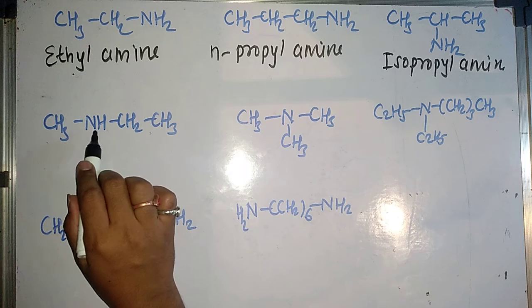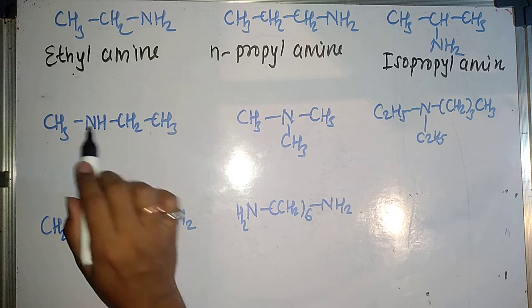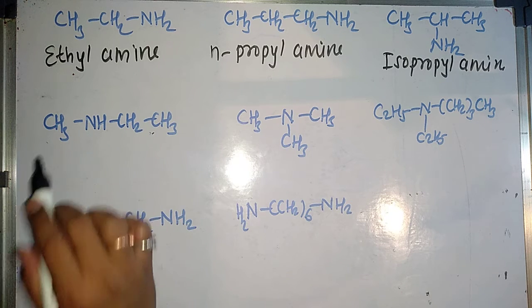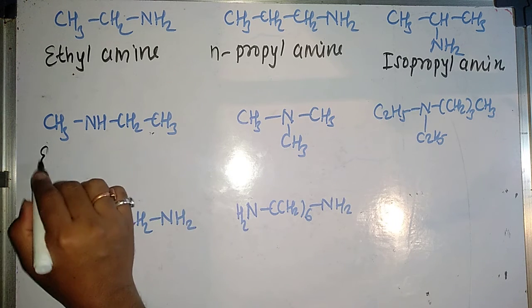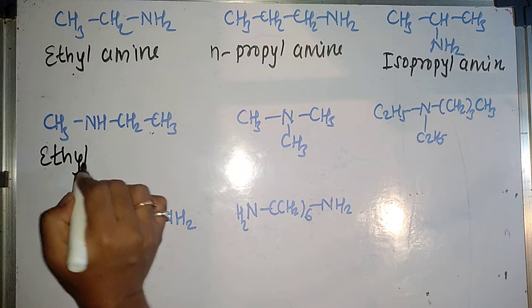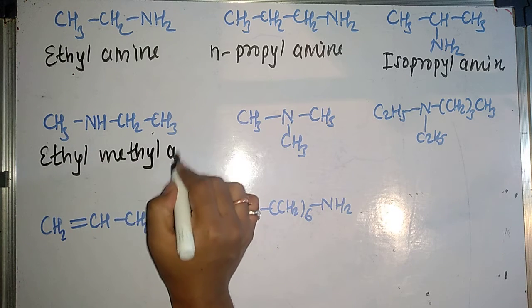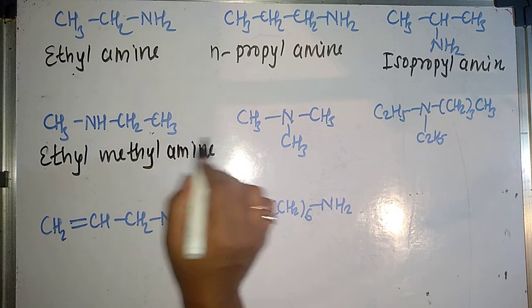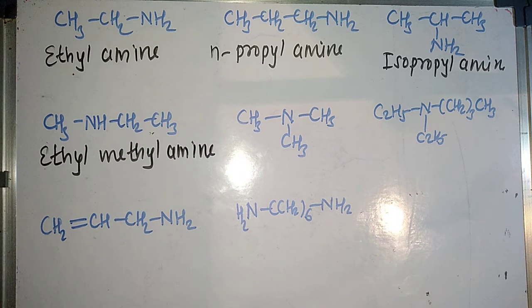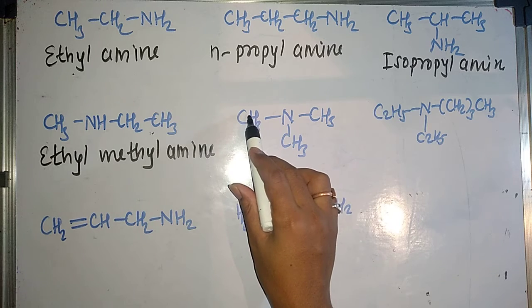In the same way, this is ethyl, this is methyl. Identify the alkyl groups which are attached to the nitrogen atom. Write their names in alphabetical order. So ethyl will come first, so the name will become ethylmethyl, and this NH is nothing but amine. This is an example of a secondary amine because it contains -NH- as a functional group. This is a tertiary amine.